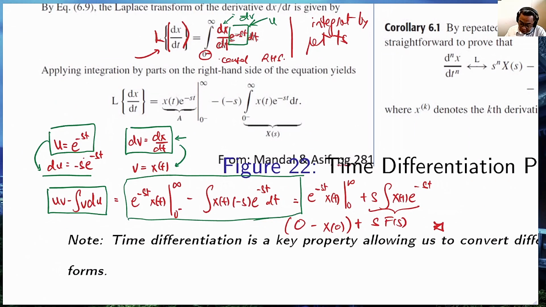And you realize that out pops this X(s), or I should say F(s) later on. Look at this expression, and this is what we find. This term will give us x(0), and the second term will give us sF(s).